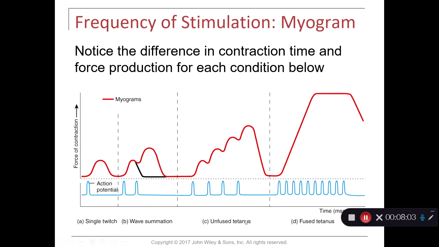That's called unfused tetanus, when you get that trembling curl. Fused tetanus is that nice, smooth contraction. It's called fused tetanus because the frequency of the action potentials coming from the nervous system is so frequent that it doesn't have time to relax again. It just goes boom until finally the signal goes away.